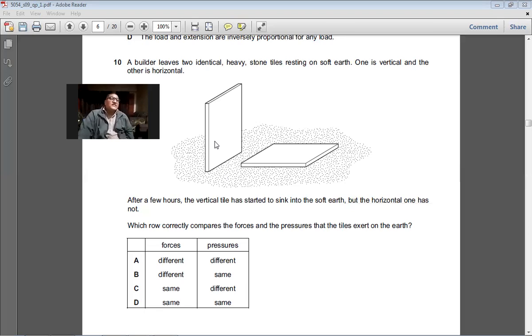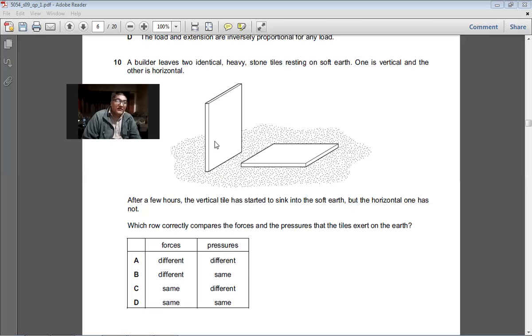So both tiles have the same force, which is their weight, and the pressure is different. In one, the pressure is larger because the contact area is smaller, and in the other, the pressure is smaller because the contact area is very large.